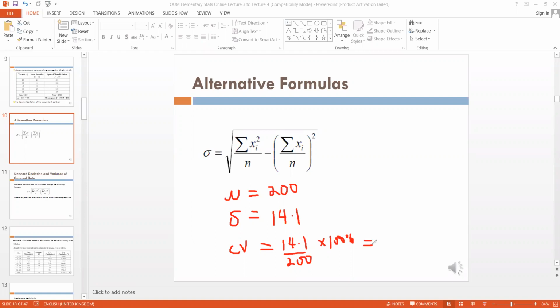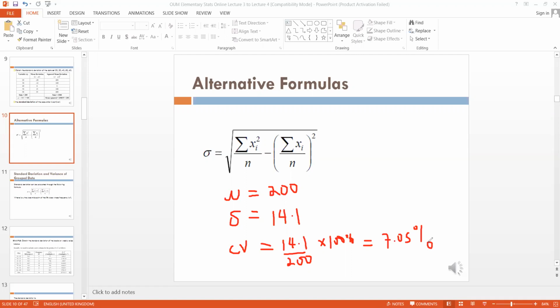So we have 7.05%. That is how you find the coefficient of variation. It's nothing difficult, as long as you know how to find your mean and the standard deviation.